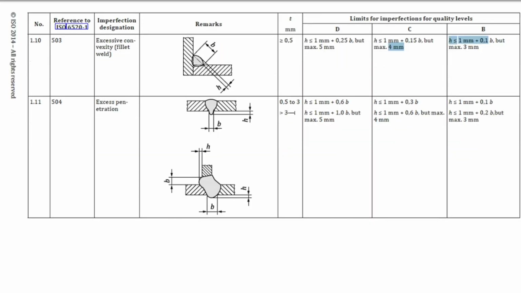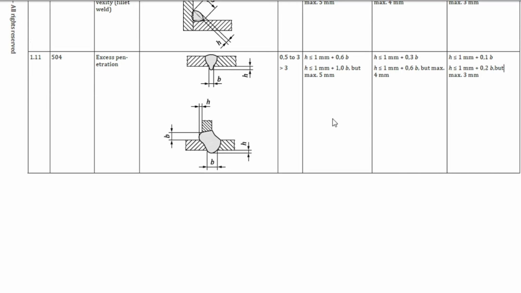If our parent metal thickness is 0.5 to 3 mm, then for quality level B, height less than or equal to 1 mm plus 0.1 b. For quality level C, height less than or equal to 1 mm plus 0.3 b. For quality level D, height less than or equal to 1 mm plus 0.6 b.